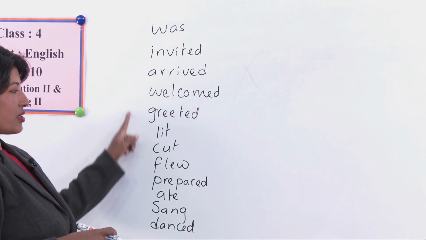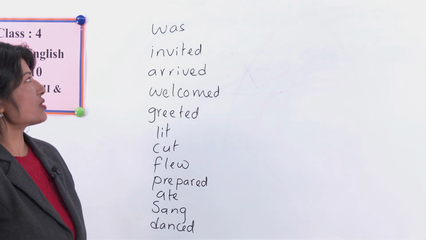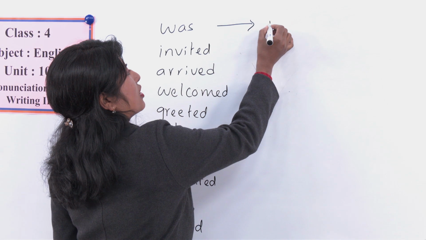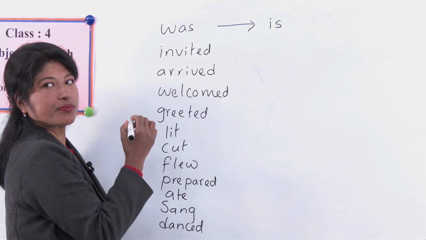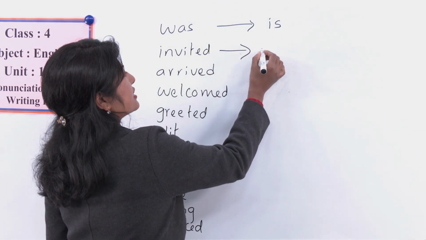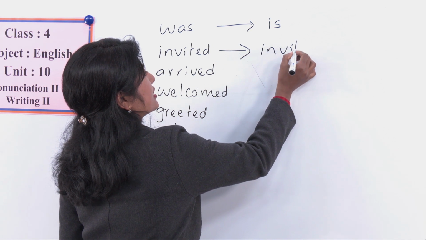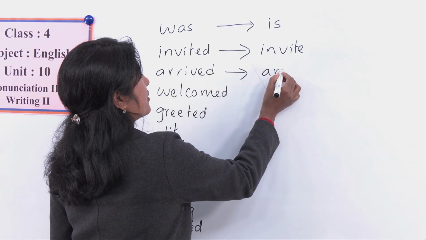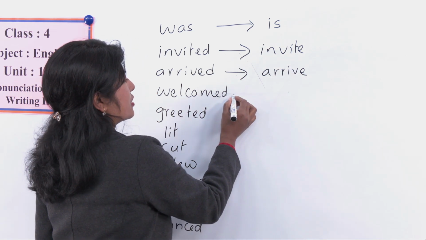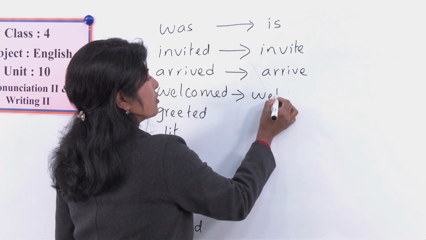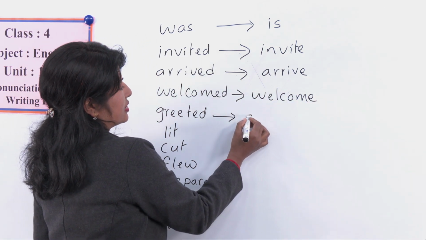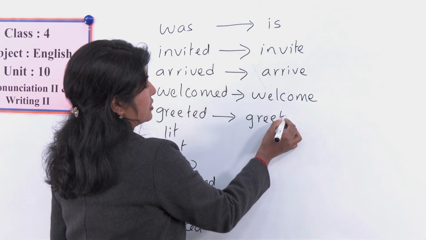So these all words are past form. So then what is the present form of these words? Present form: was, is. Invited, invite. Arrived, arrive. Welcomed, welcome. Greeted, greet.